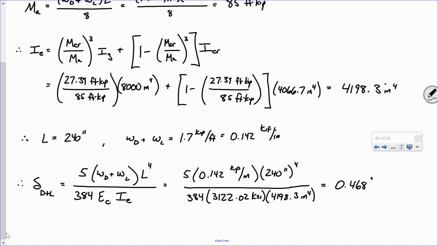So, under the dead load, the beam deflected just shy of 1/4 of an inch. Under all of that load, it's deflecting 0.468. So how do we determine how much deflection was caused by just the live load? Subtract them.